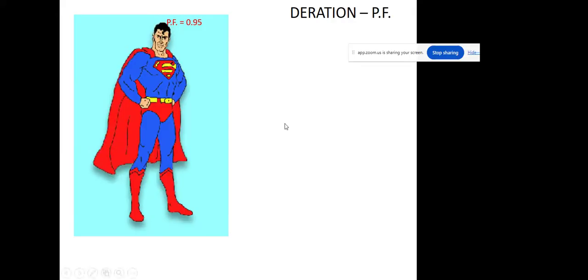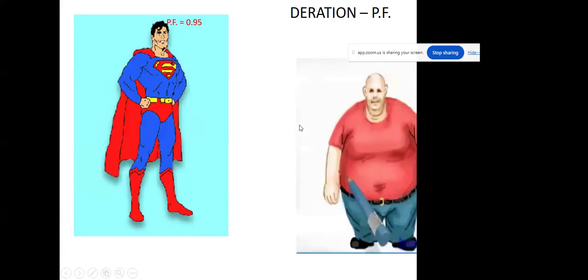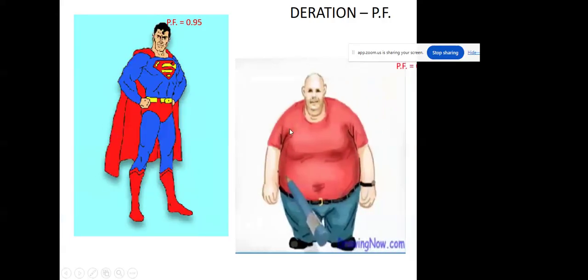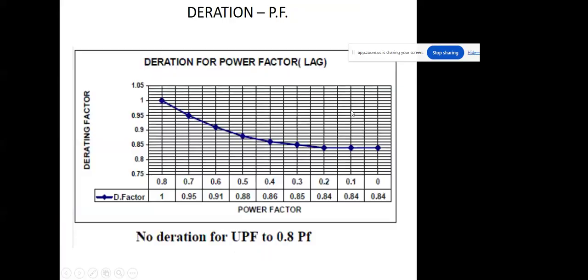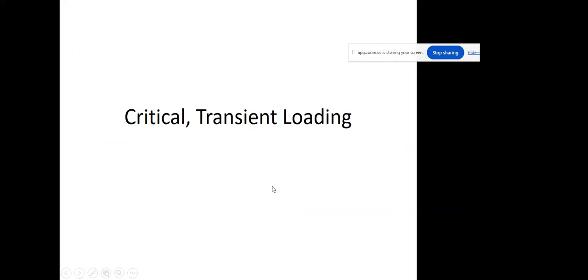If the power factor of the load is very low, if the load is sluggish, then the efforts are more, so we have to consume more fuel. Our alternator is not effective at that point. So this is the derating for the power factor of the load.